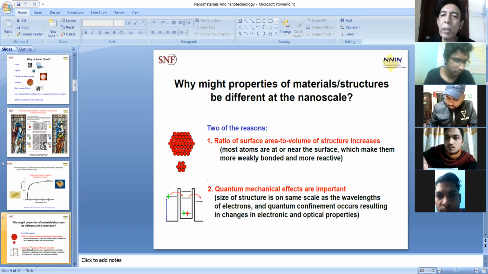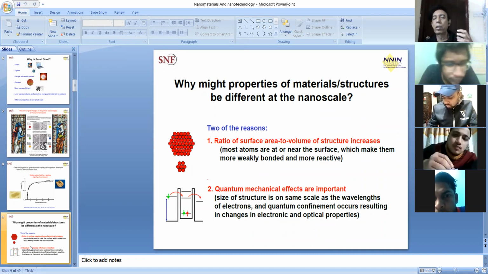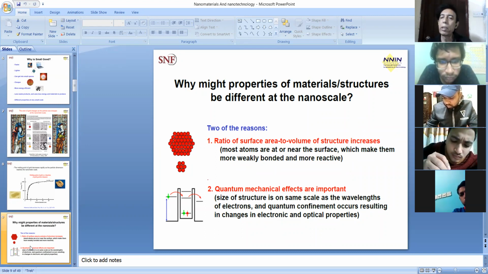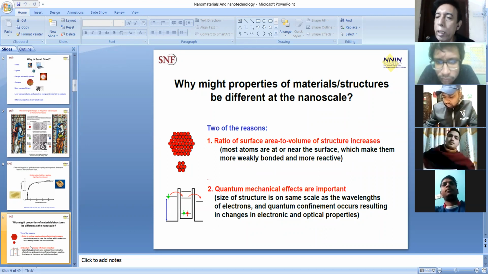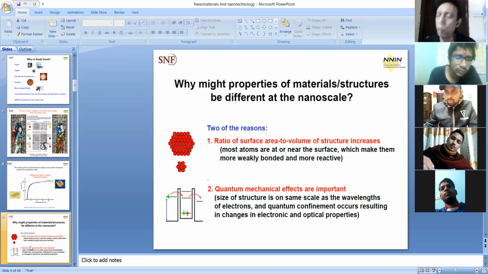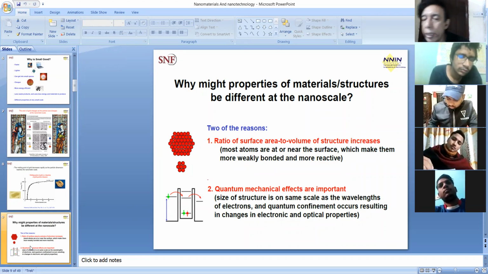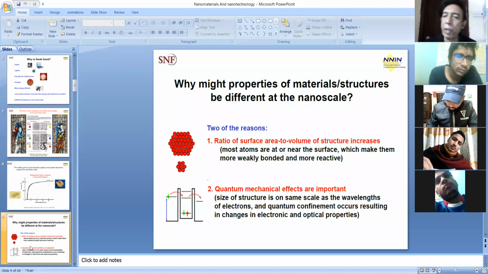Why might properties of materials or structures be different at nanoscale? It is yellow in the bulk material, but it is going to red when it is going to nanoscale. Why? Why are their melting and boiling points becoming lower?